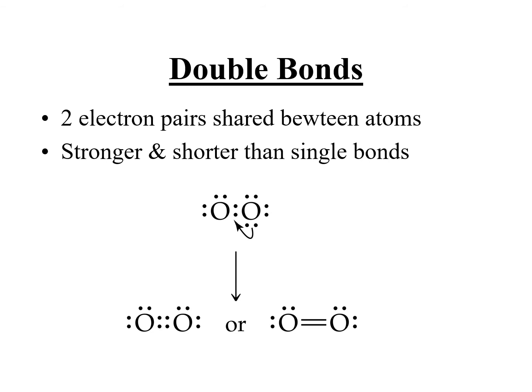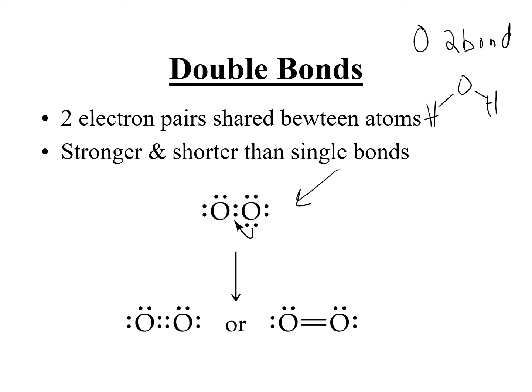So some of our nonmetals can form what we call double bonds. When we looked at oxygen, we said oxygen can form 2 bonds. So oxygen can form 2 single bonds. For example, in water, we have H2O. Oxygen is bonded to 2 hydrogens. Both of those are covalent bonds. But oxygen can also form what we call a double bond, which is shown in the picture here.